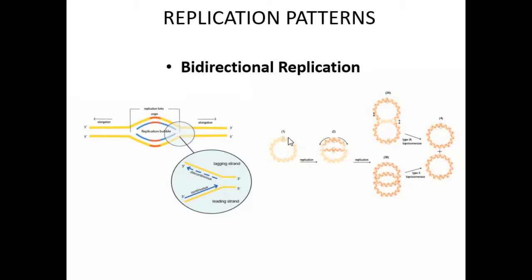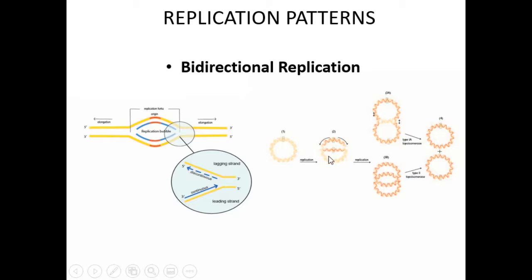DNA replication begins with the creation of a bubble, which is a small region where the parental strands have separated and the progeny strands have been synthesized. Like this, it opens up, right? Then you have two replication forks, one on each side, and they proceed to the other end.